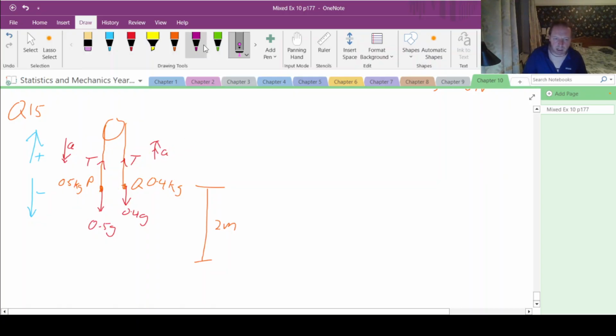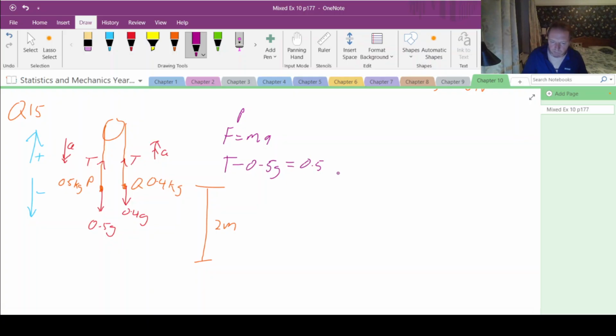For P, the forces going up are tension minus the forces going down, which is the weight, and that's going to be equal to the mass, 0.5 times A. There we are, done.